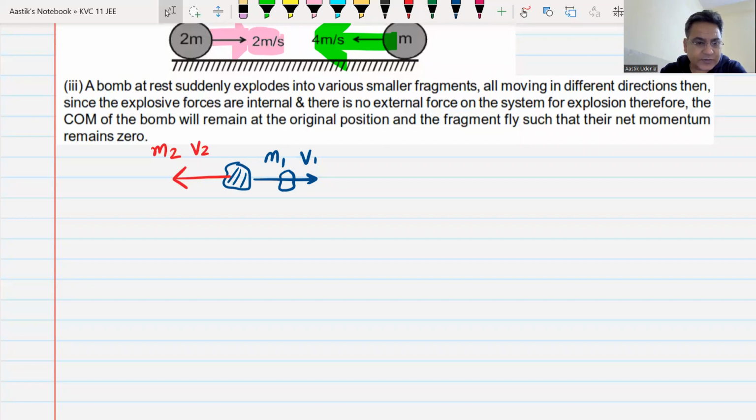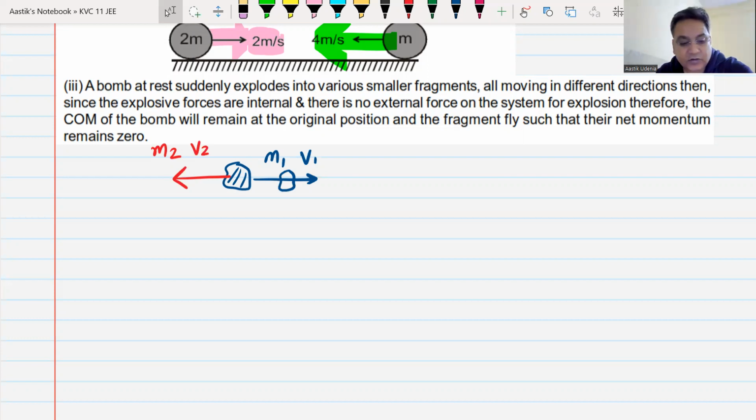One more case which you will find is this one, where two people are standing on a boat or on a platform and they start moving towards each other.